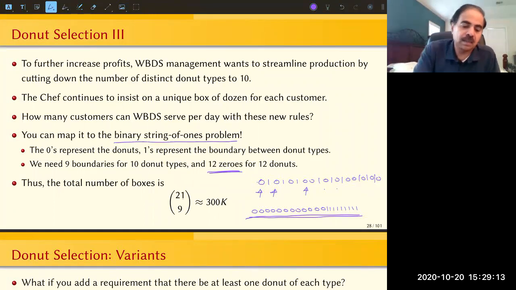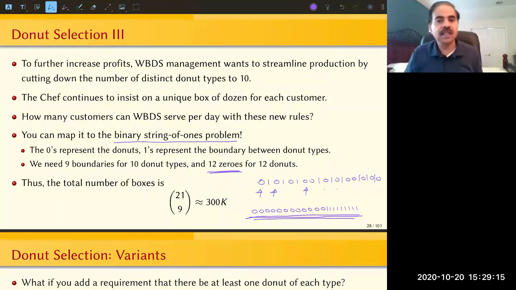And then you can say that each such string tells you exactly one way of filling the box, and that is the bijection you are trying to establish, right? So you want to say that every possible filling of the dozen can be represented by one such string, and exactly one such string.